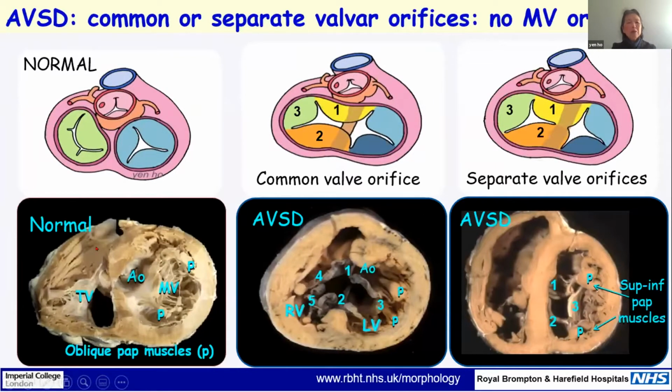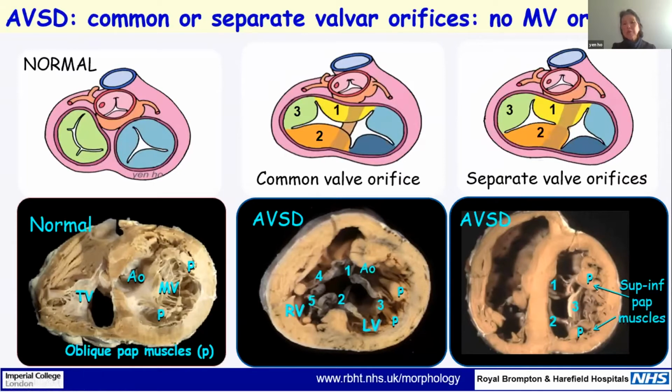And now looking up from the apex in these heart specimens, the normal versus the atrioventricular septal defects, we find that in the normal configuration, the aorta is tucked into the waist of that atrioventricular junction, and you have a sort of oblique alignment of the papillary muscles supporting the mitral valve, whereas the arrangement is very different in hearts with atrioventricular septal defect.